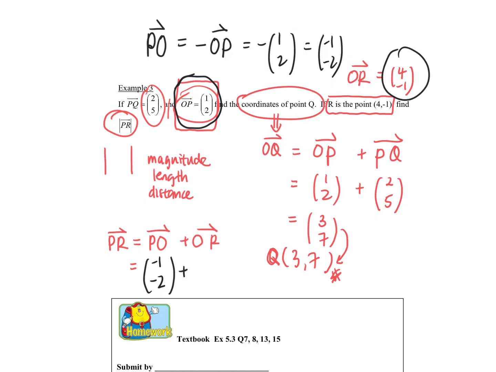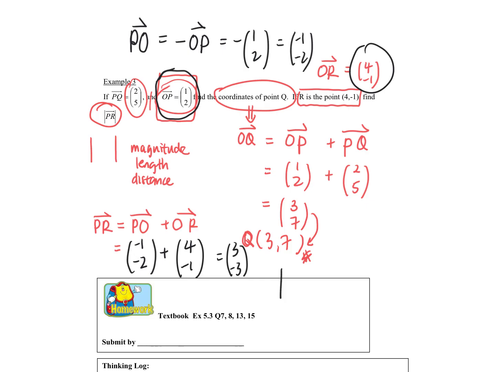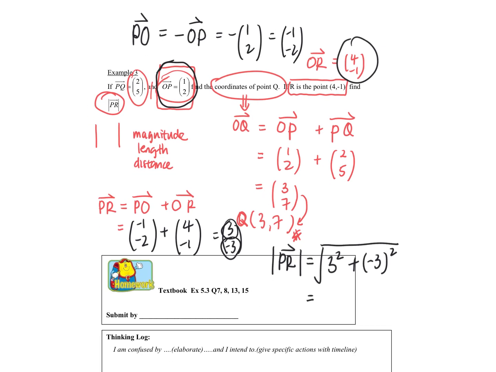Then OR is here. So I get 3 minus 3. So how to find the magnitude? You use Pythagoras. Square the x and then square the y and then you do a square root. So what's the answer? You leave it to 3SF.